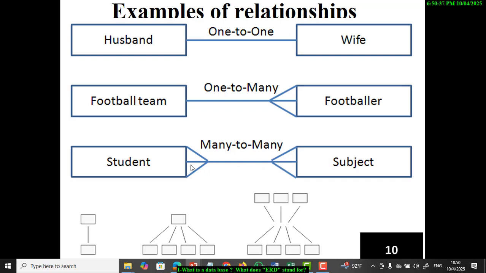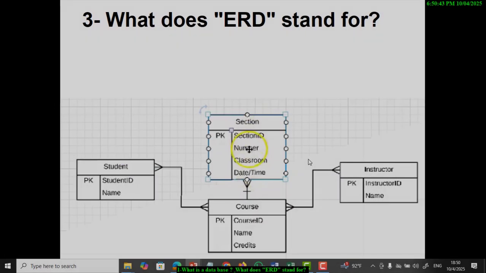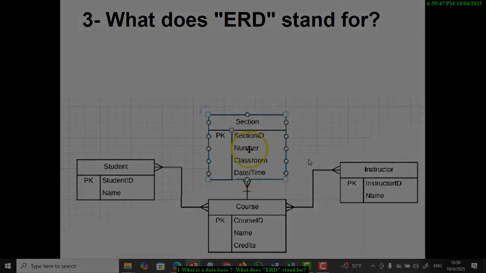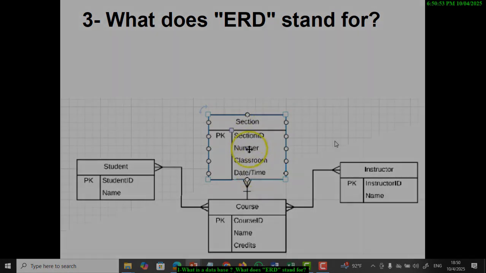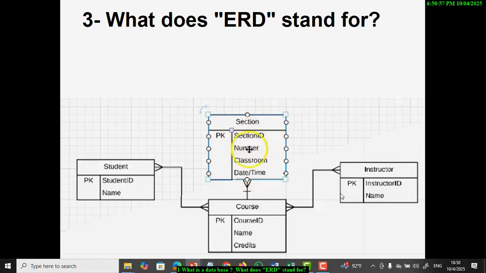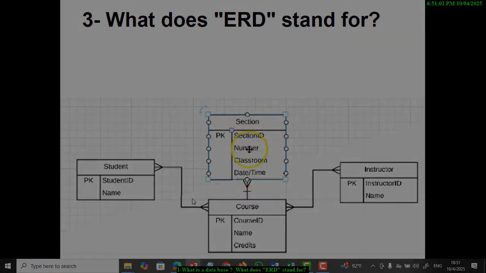studied by many students. ERD stands for Entity Relational Database. So here, how many entities do we have? We have 4 entities. We have 4 tables, and there is a relation between these tables. So here we have this database for a school or a college in university.